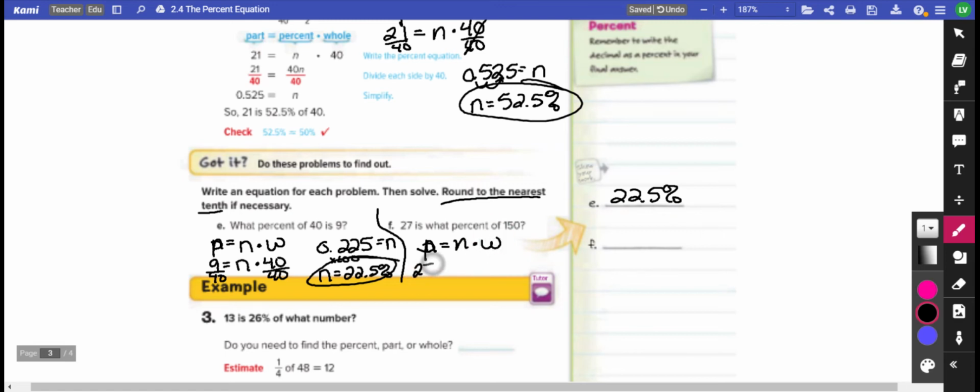So 27 equals the percentage times 150. I'm going to divide both sides by 150. 27 divided by 150 is 0.18 as my percent. I had to multiply that by 100, so my percentage is 18%.